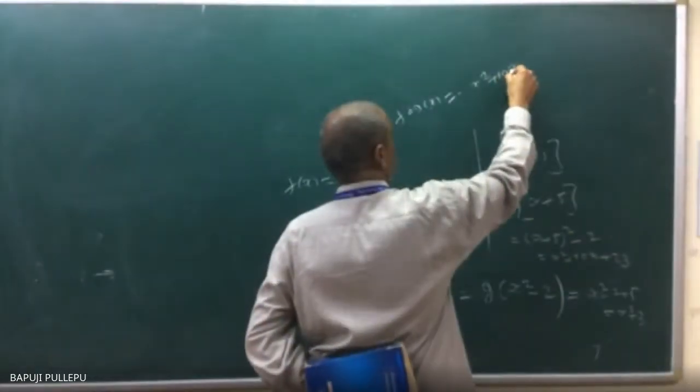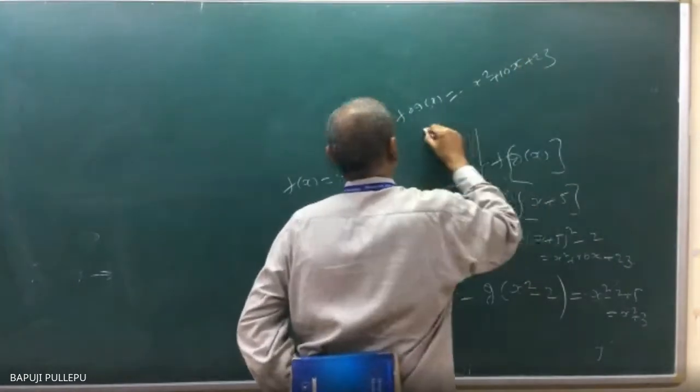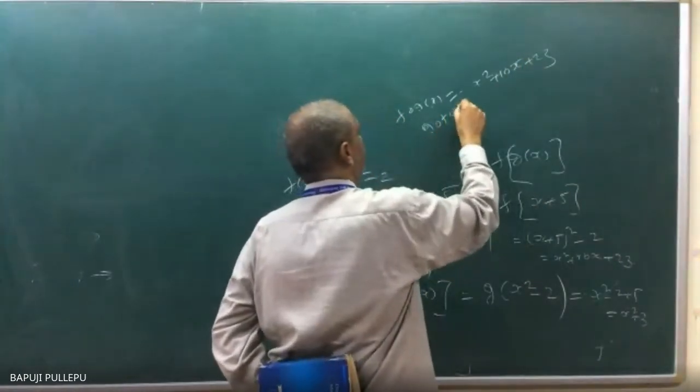X square plus 10x plus 25 minus 2, how much? 23. So f of g of x is equal to what? G of f of x is equal to what?